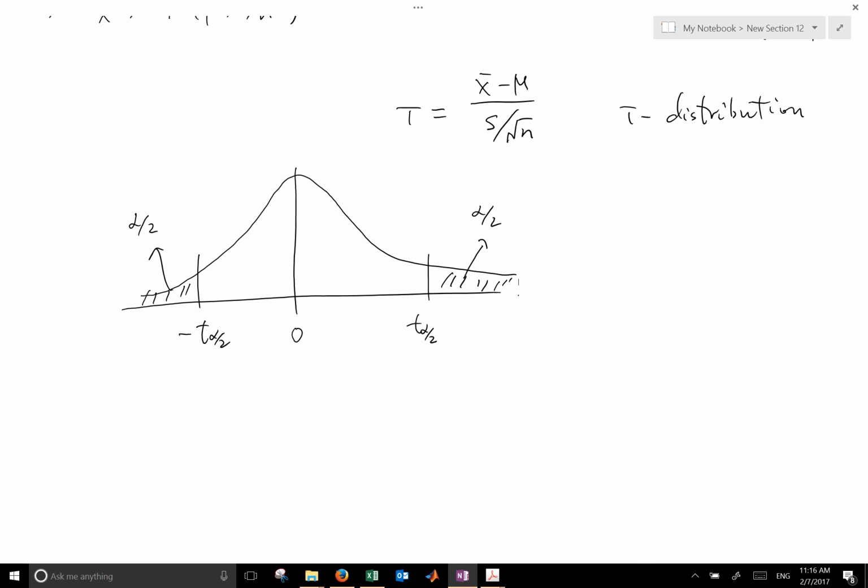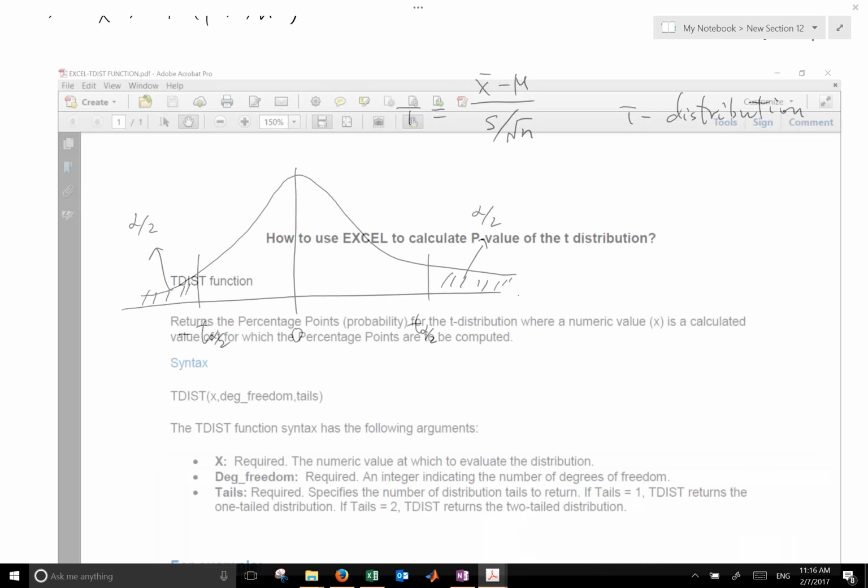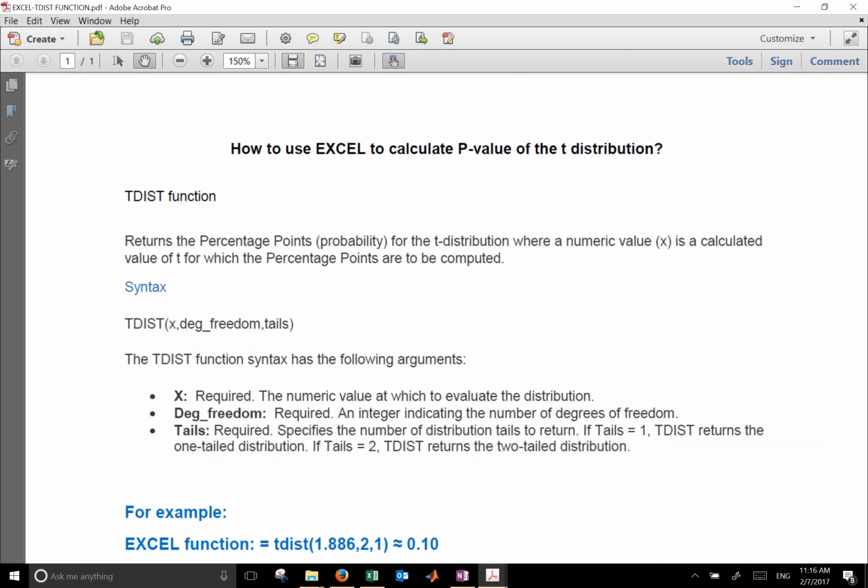Now let's have a look at how to use Excel to compute the p-value of the t distribution. This is a handout I just gave you guys: how to use Excel to calculate p-values of the t distribution. In Excel we have a T.DIST function.